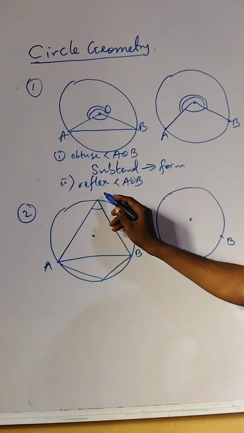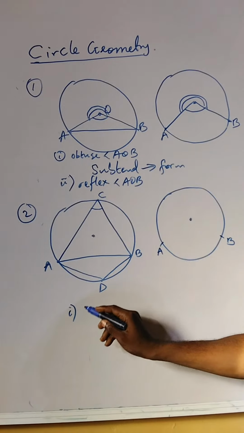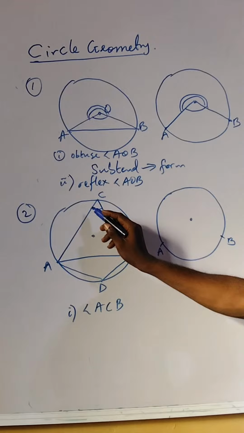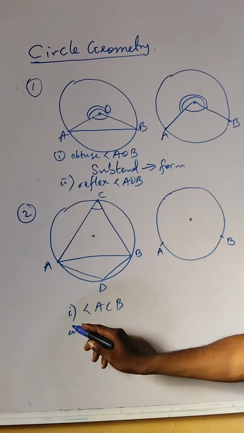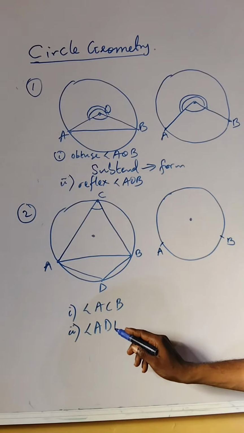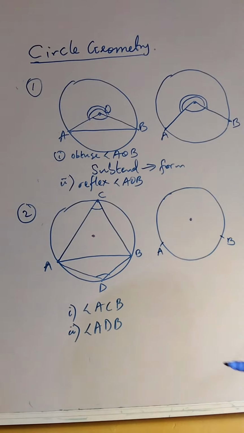One is formed here. We can label it as C, D. So one, we have angle ACB, when we use three letters. And two, we have angle ADB, also this angle here. So we have two angles formed at the circumference.